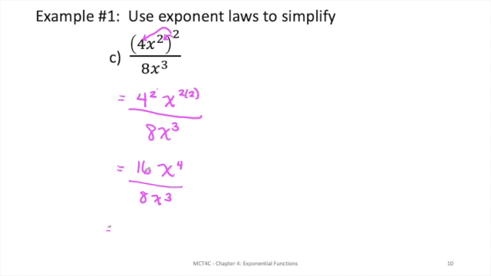Now just do regular division, because you're going to use your quotient rule to subtract these exponents. 16 divided by 8 is 2, and you keep your x and subtract your 2 exponents. So you get 2x to the exponent 1, but you don't have to write that, and that's your final step. Remember, it's understood to be 1 if you don't see an exponent.